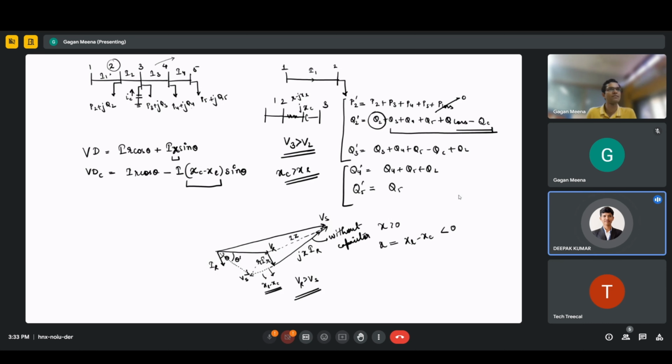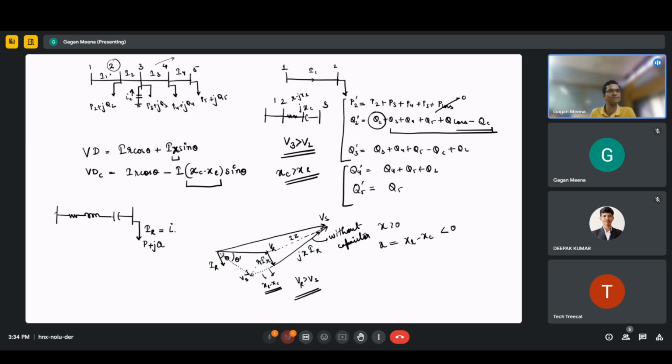Sir, in this case, IR will lead to VR. So if the load is lagging, then we are saying here that suppose this is the line, this is R, this is X, and we have one capacitor here. This is load. Load is drawing some P plus jQ. So that IR, load current, is lagging.